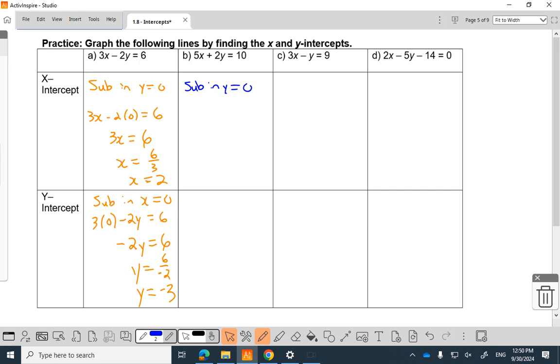So in this equation, 5x plus 2y equals 10, wherever I see y, here goes my writing, write 0. Why is that? Peter, are we writing this down?